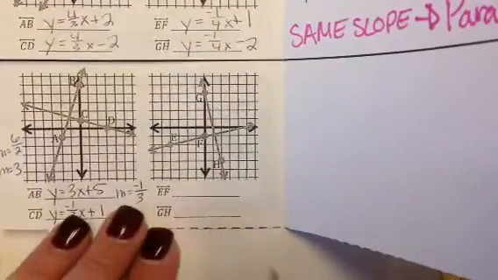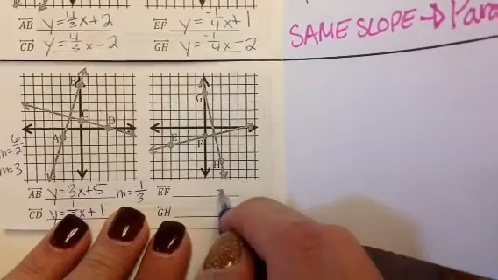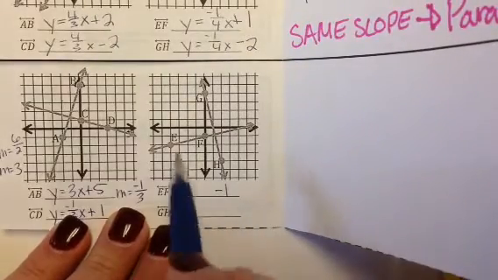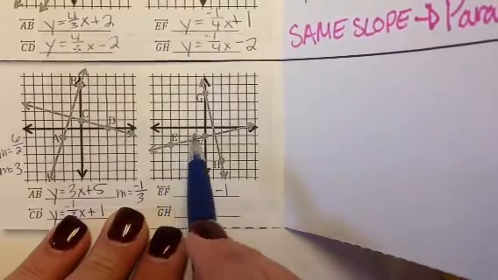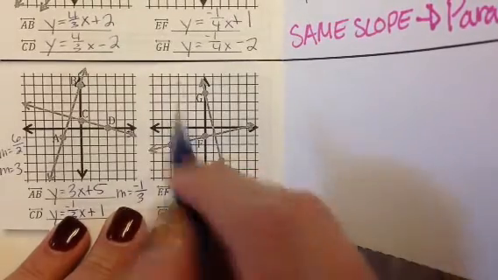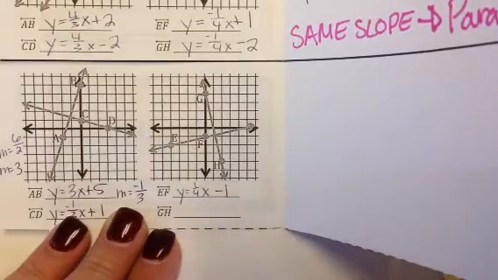Let's take a look at the next two. EF has an intercept of negative 1 and a slope of up 1 over 1, 2, 3, 4. So y equals 1/4 x minus 1.